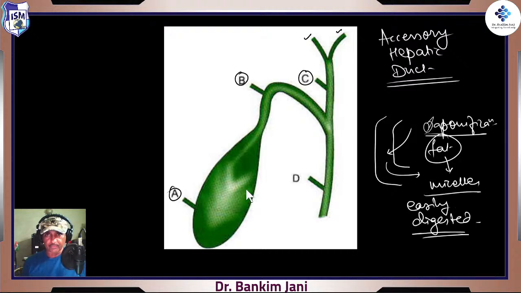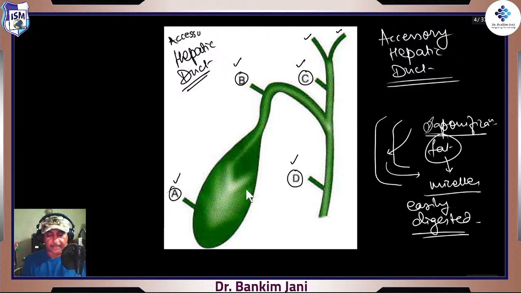Any one of them may open into the common hepatic duct, or it can open into the common bile duct. If they open in any of these areas, right, we are talking about hepatic ducts, so we'll call them accessory hepatic ducts.